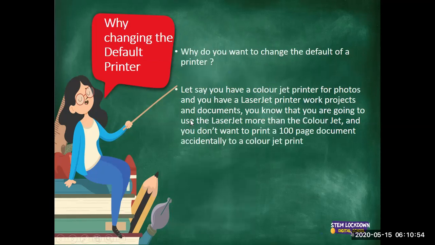There are so many ways in which you can install this. Why change the default printer? Let's say you have a ColorJet printer for photos, and a LaserJet printer for projects and documents. You know that you are going to use the LaserJet more than the ColorJet, and you don't want to print 100 page documents on the ColorJet, so you keep the other printer as a default that you use more often.